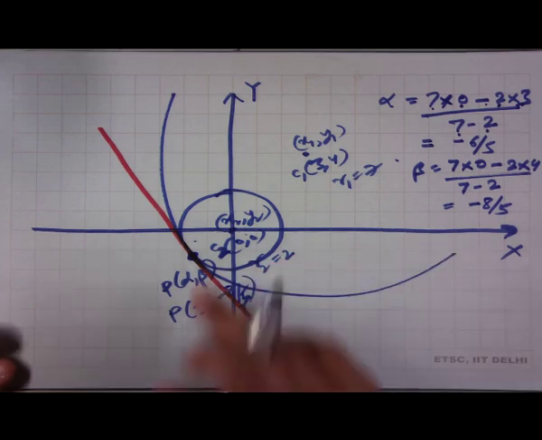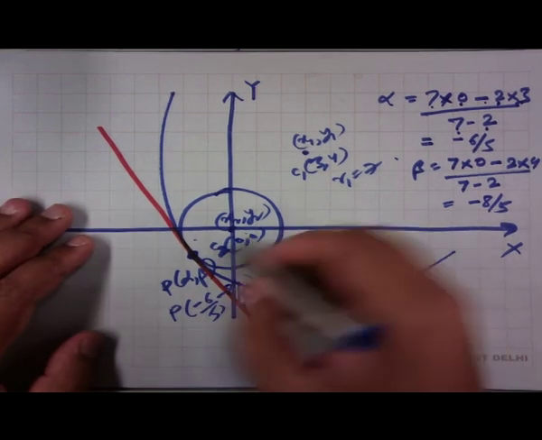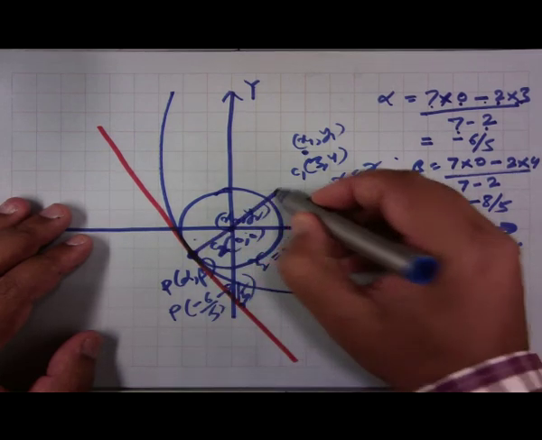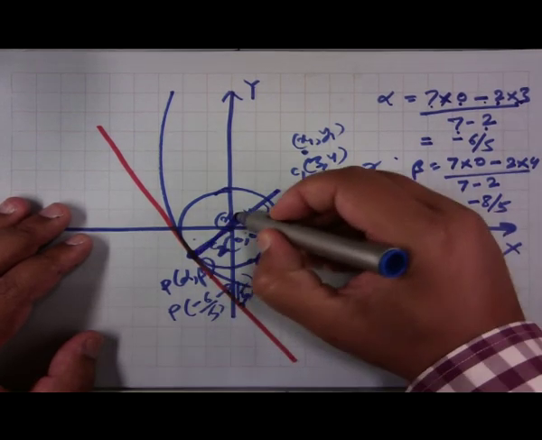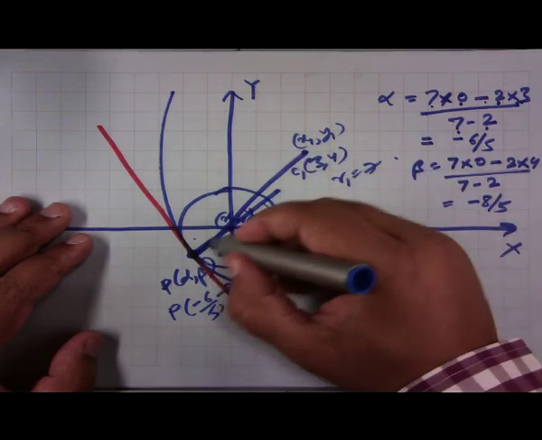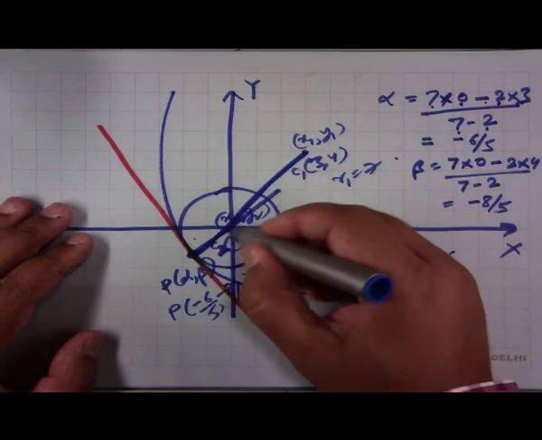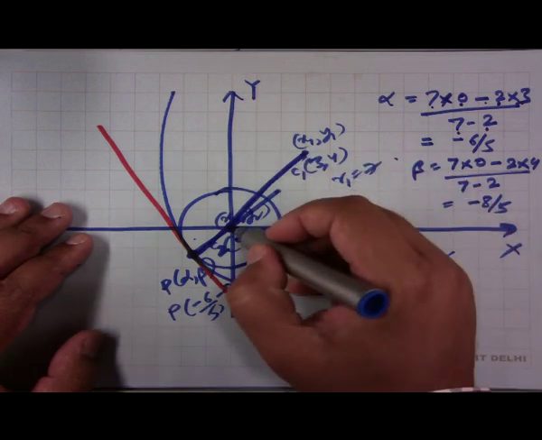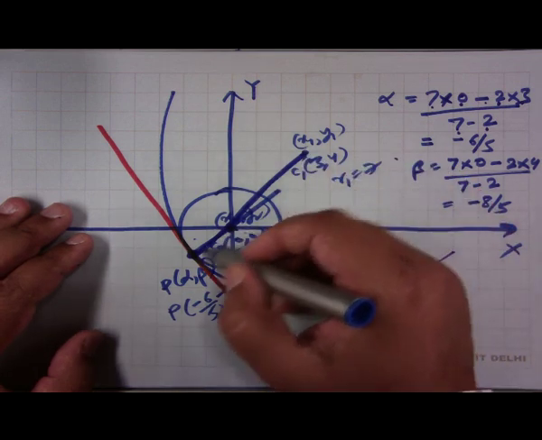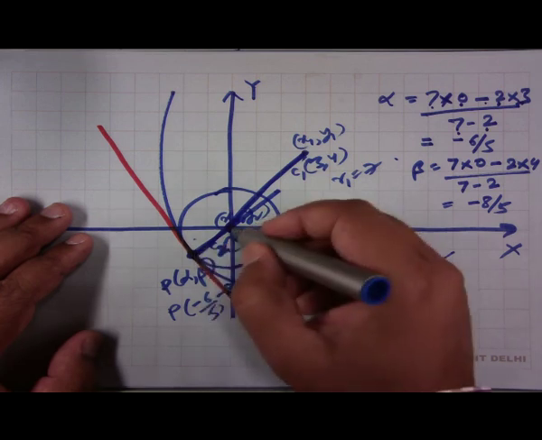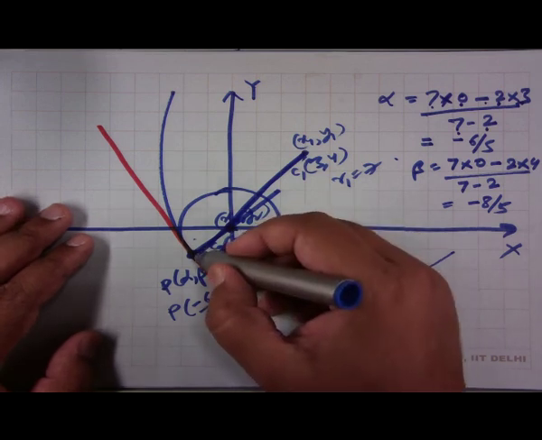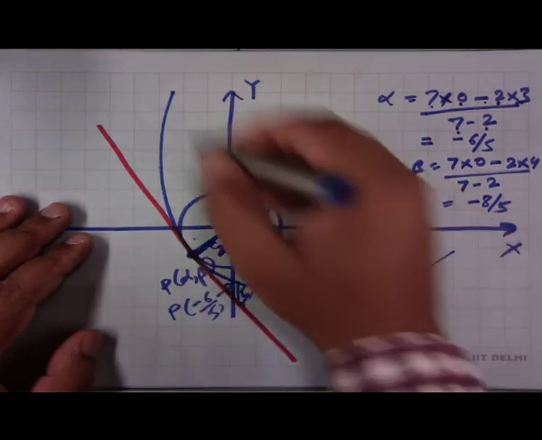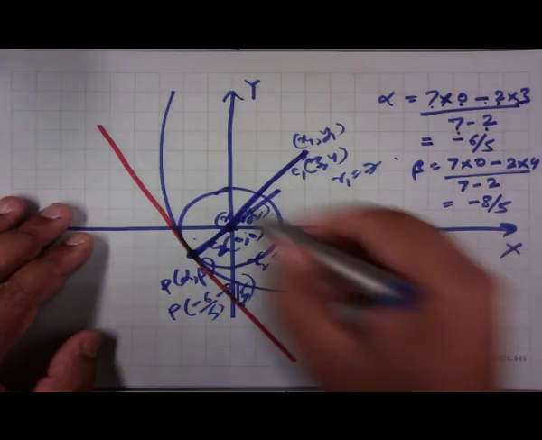Now, once we know the coordinates, let this be the straight line. The straight line joining the centers C1 and C2, when produced further, will also meet this point P, which is the point of contact of the two circles.